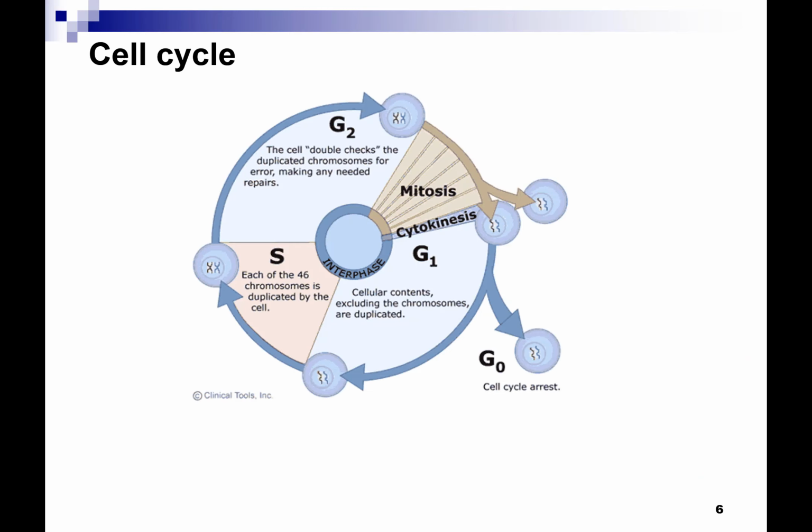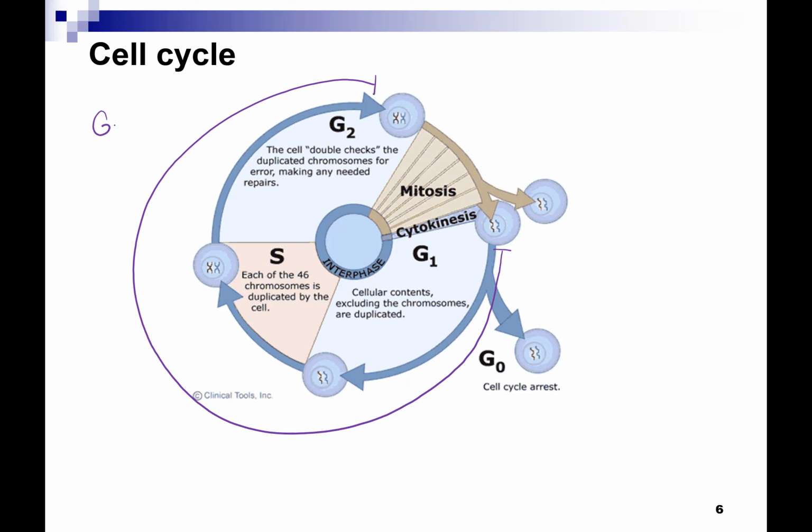Okay, so cell cycle we have talked about. I want to emphasize to you that from G1, S, where your DNA is replicated, to G2, this whole part is called interphase. It says it right here.